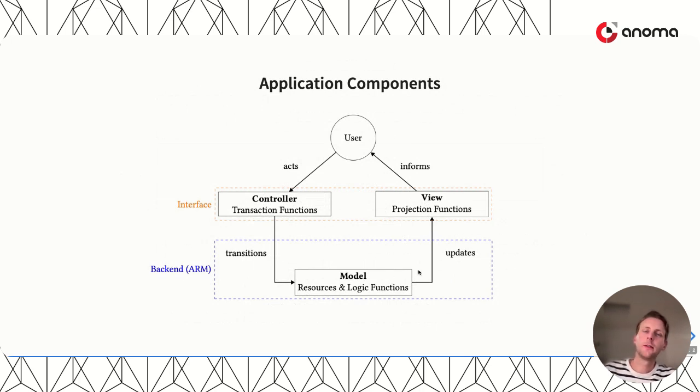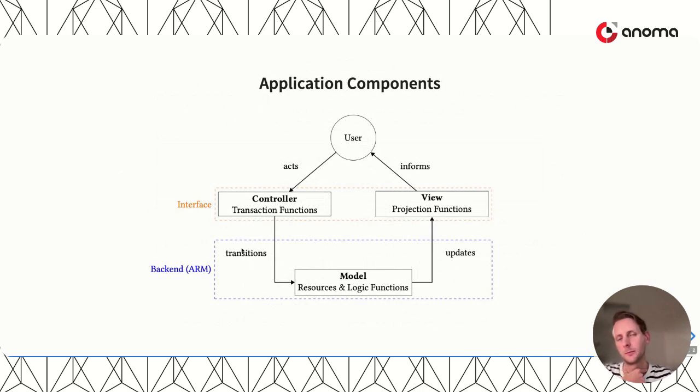So the user would call a projection function in the interface that sums over all resources that are associated with this token, and then calculates the current balance that the user owns. And with this information, the user could then call a transaction function, maybe to transfer or to swap a token with someone else.